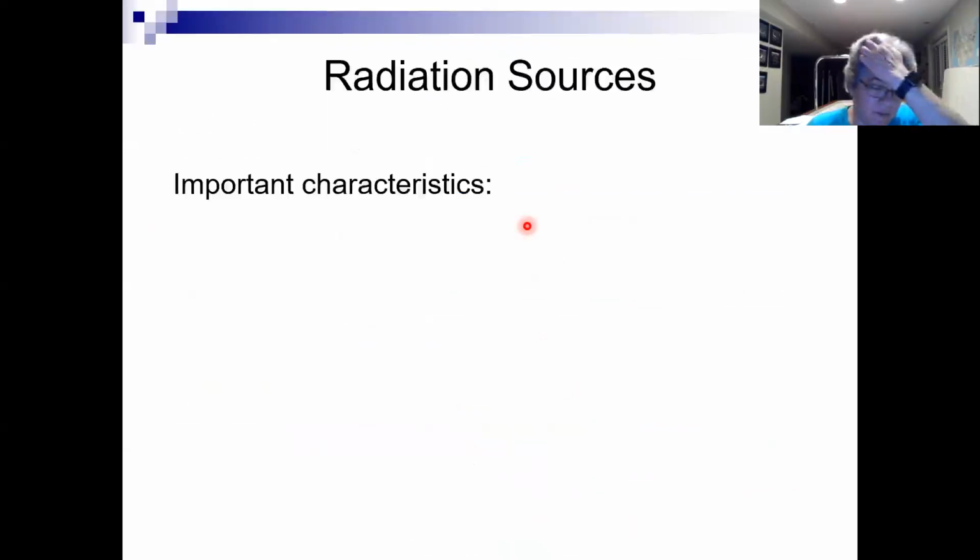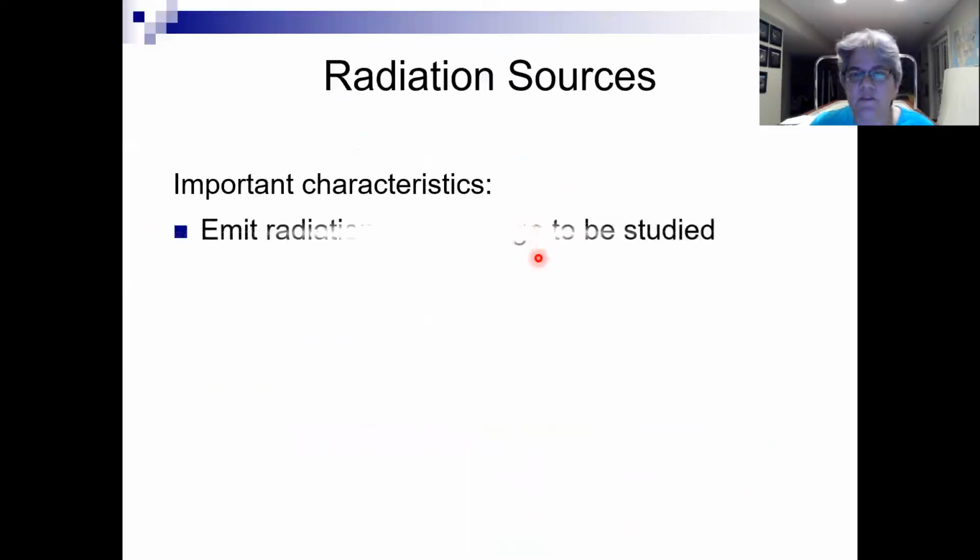Okay, so let's actually look now at the radiation sources. So what do I want for a radiation source? What will be important? Well, these are kind of obvious if you think about it, but the first thing is you want your radiation source to emit the wavelengths you want to study. So if I want to study 500 nanometers, my source needs to give me 500 nanometers.